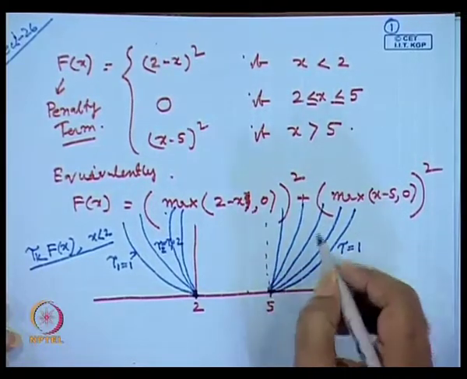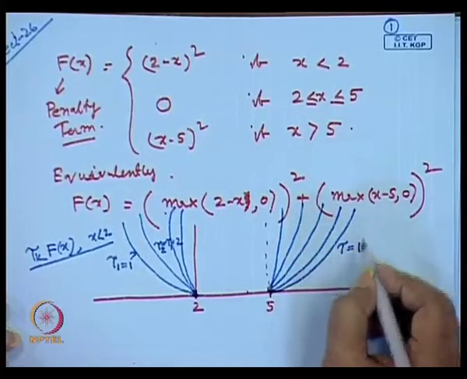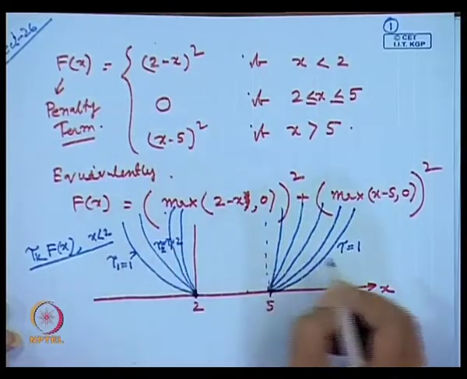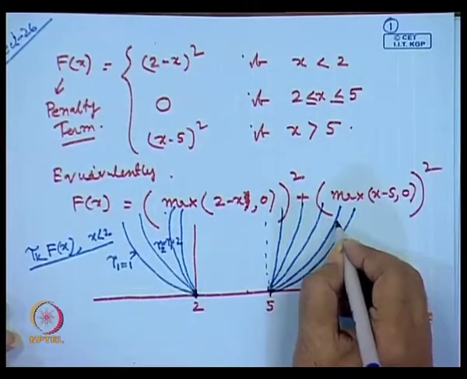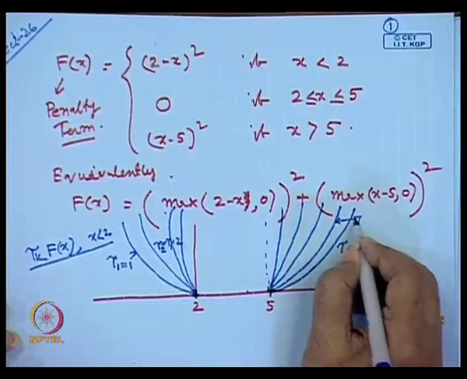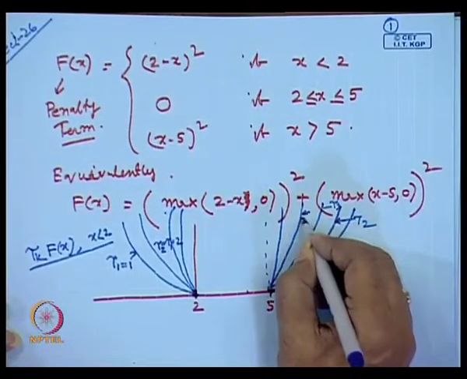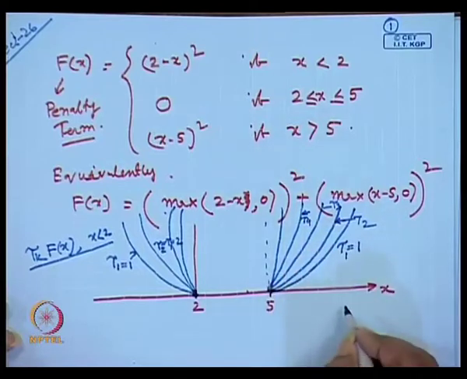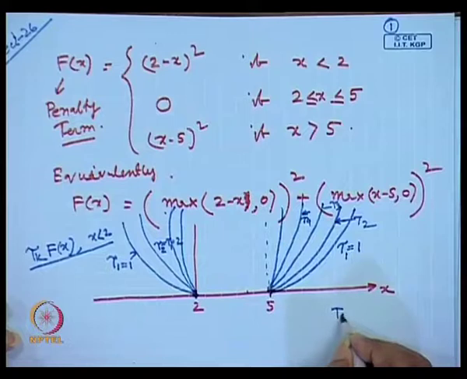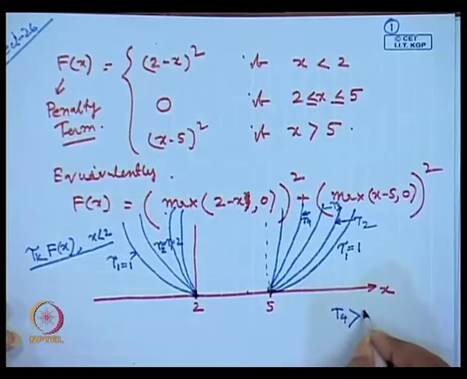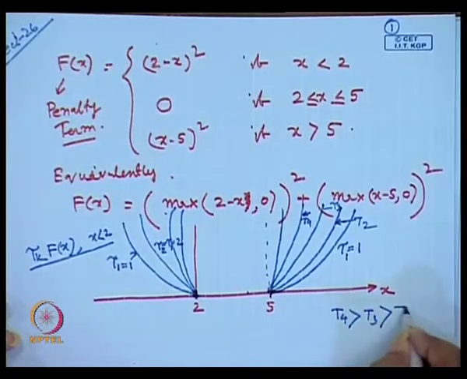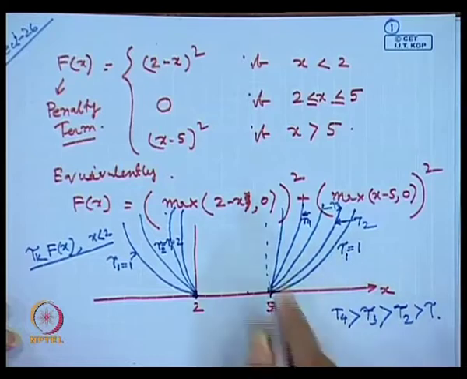If you consider this is tau 1, tau 2, tau 3, tau 4, then you can say that tau 4 is greater than tau 3, greater than tau 2, and greater than tau 1.